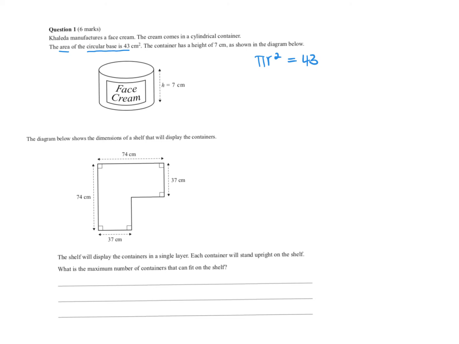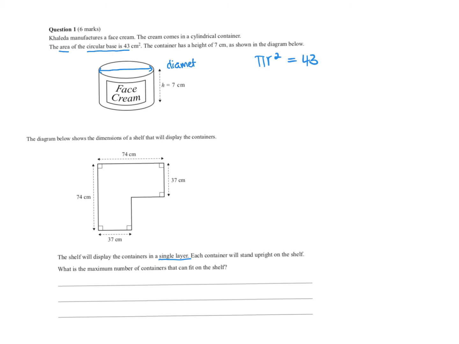Okay. So the diagram below shows the dimensions of the shelf that will display these containers. The shelf will display containers in a single layer. Each container will stand upright on the shelf. What is the maximum number of containers you can fit on the shelf? So if they're going to sit on the shelf upright, they're going to take up the diameter space, if you think about it.